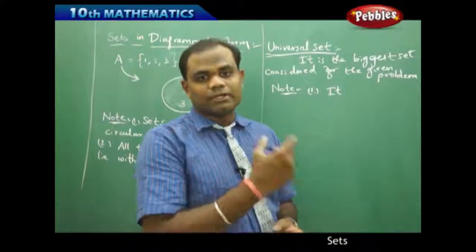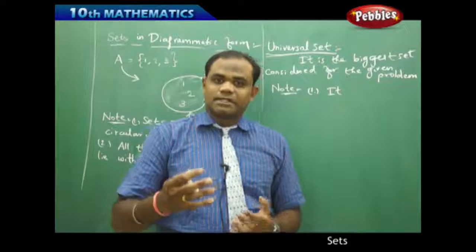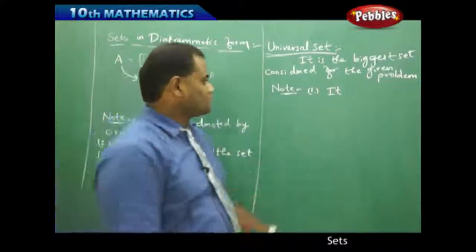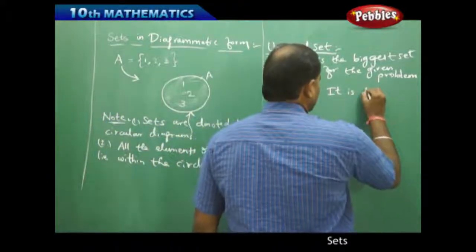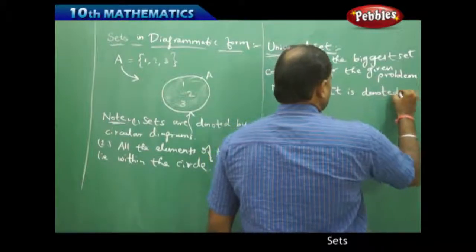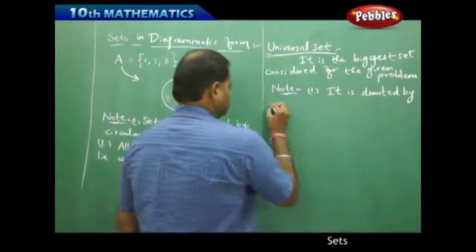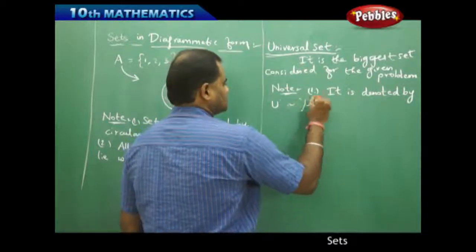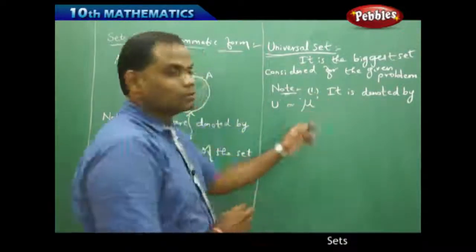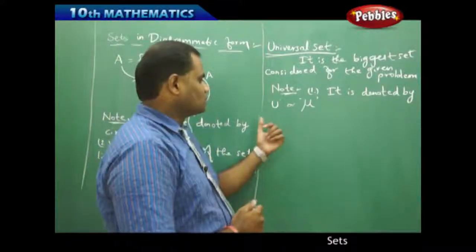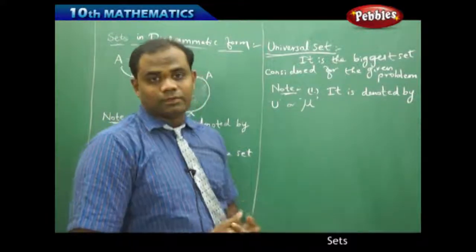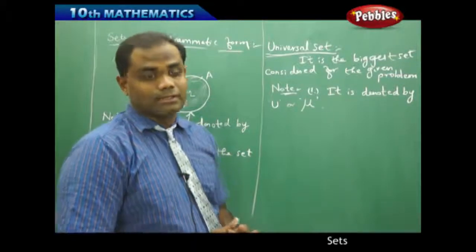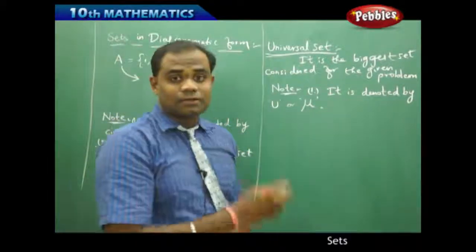So seeing the symbol, we can easily identify that the given set is a universal set. So it is denoted by U, or sometimes some mathematicians denote it with mu. We read this as mu, or we can also denote it by U. Both mean the universal set, the biggest set of the given problem.